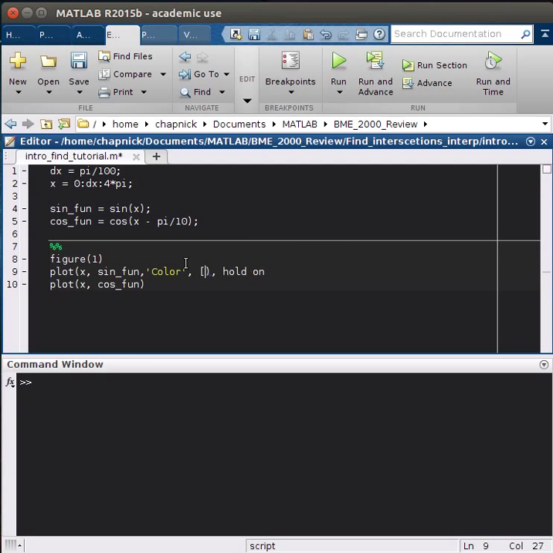So let's make the first line red: 1, 0, 0, so it has all red, no green, and no blue. And let's make the second line blue: 0, 0, 1. It's always in that order: red, green, blue. So we'd expect this to be red and this to be blue, and you'll see why that makes sense.